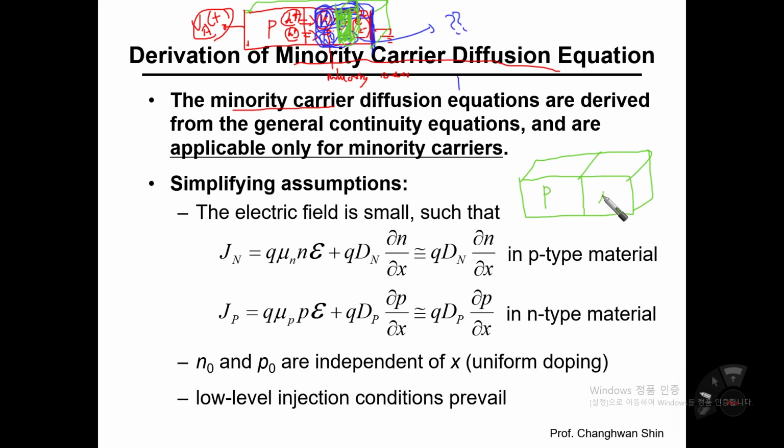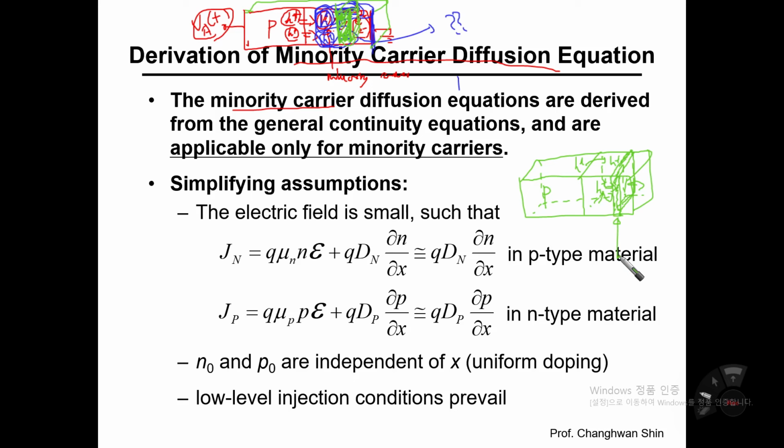So p-type, n-type, right? So a hole is now injected here, and I would like to write down the very small infinitesimal volume. Okay, so now a hole is injected and output.